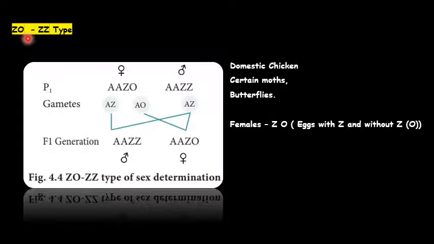Likewise, in ZO and ZZ type, as I told you, in heterogametic females, males will contain the same type of chromosome. So all the male sperm cells will contain the same type of chromosome, while the female will either contain a Z chromosome or else be without a Z chromosome. Otherwise, we can say that as null or zero.